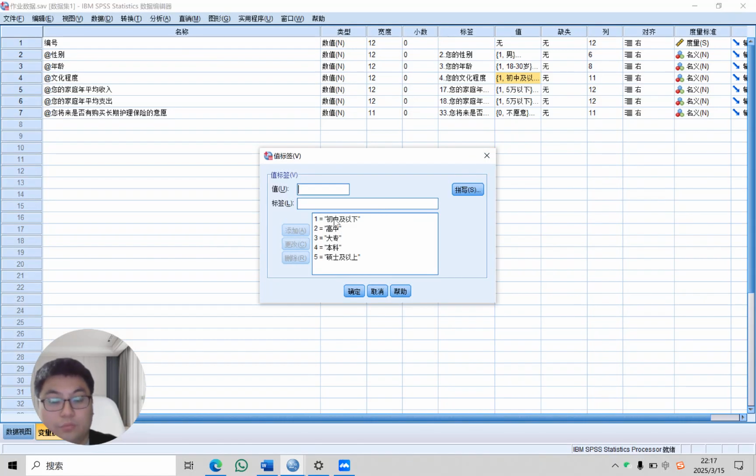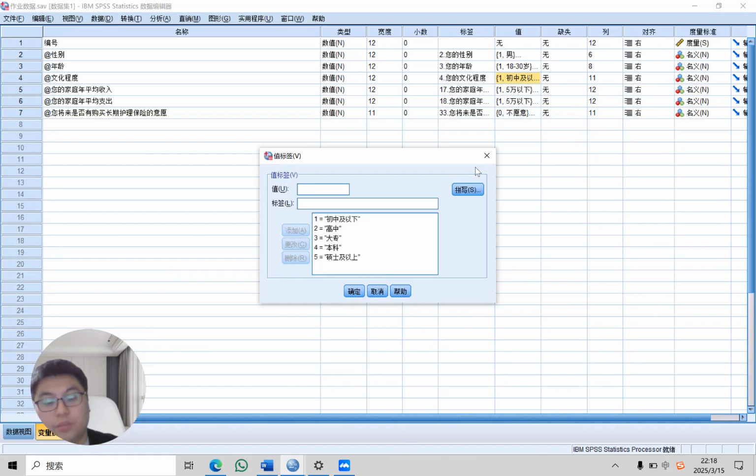We use 1 to 5 to refer to junior high school and below, high school, undergraduate, and graduate students and above. There is a clear order rank relationship between those categories, such as the undergraduate being higher than the high school.